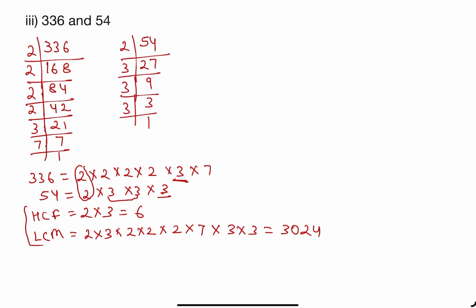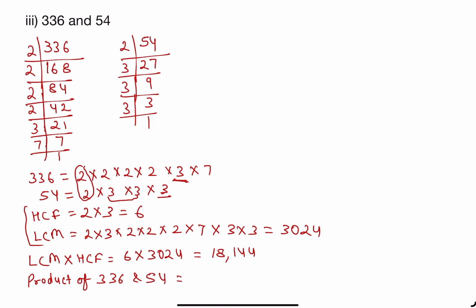So let's do the multiplication. 6 into 3024 is equal to 18,144, and the product of given numbers, product of 336 and 54 is equal to 18,144.